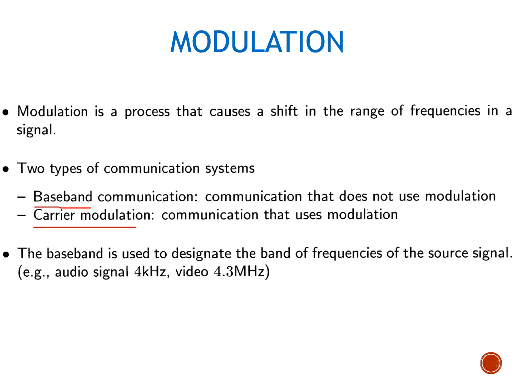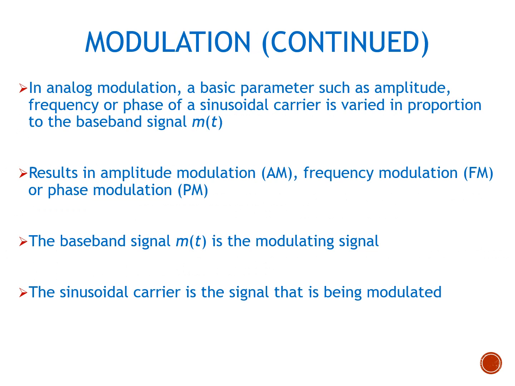For video it's around 4.3 megahertz. So generally it's in the low frequency region and cannot be transmitted directly through the antenna. That's why we require modulation to transmit the signals through antennas. Another benefit is that we are able to transmit multiple signals through a channel.